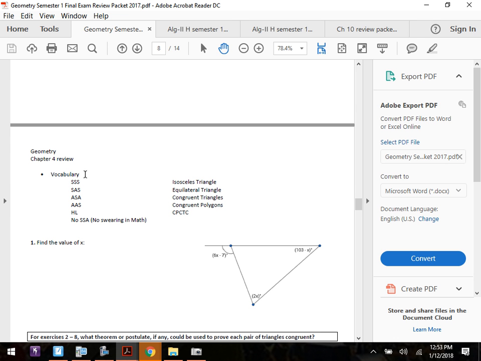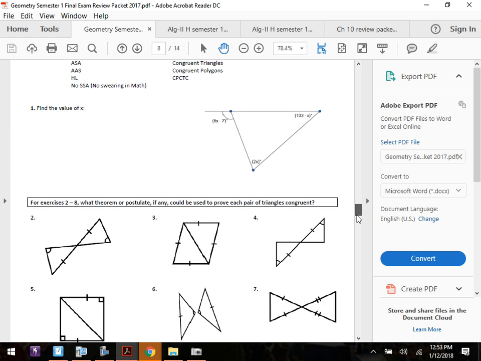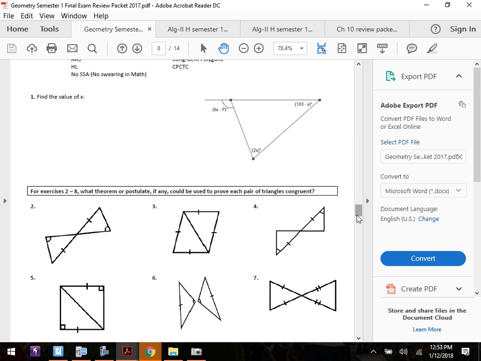Now, number one, this first question here is talking about, again, the idea of an exterior angle. So the outside angle has to equal the sum of the two it doesn't touch. So that one's super easy to set up.